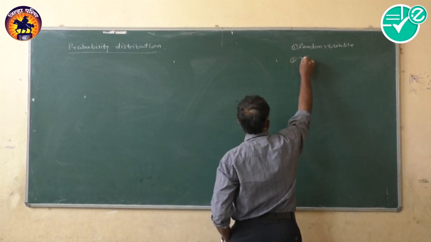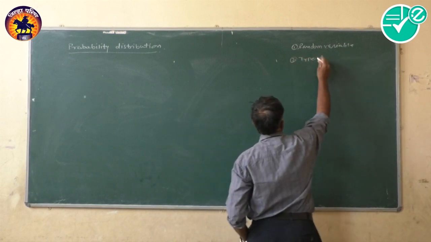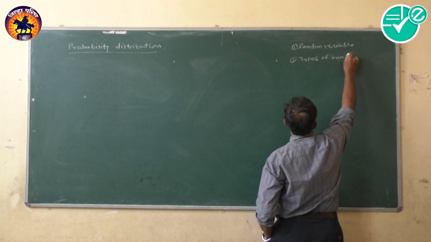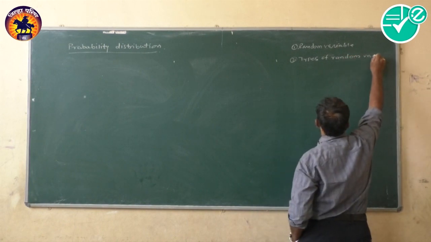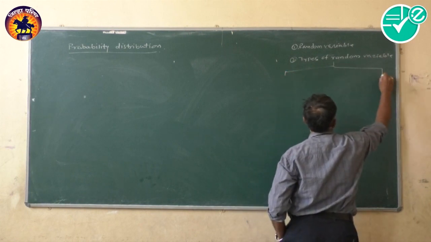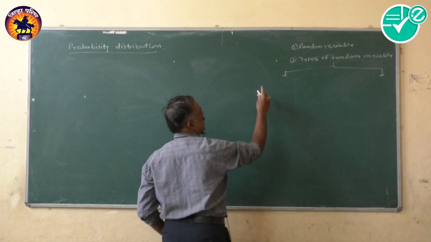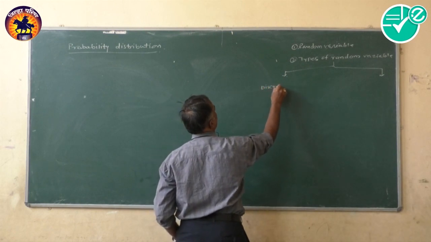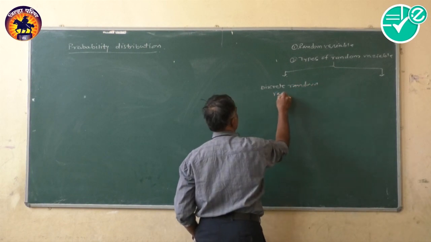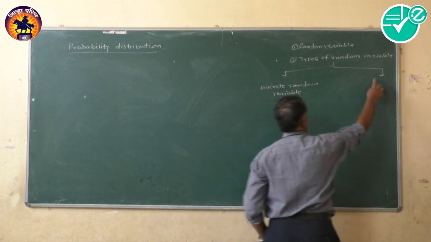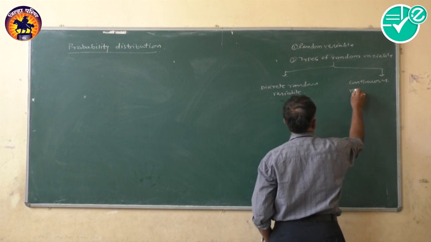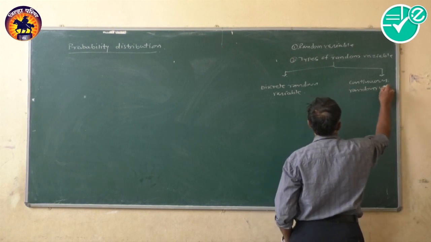Then secondly, we studied types of random variable. One is called a discrete random variable, and another one is called a continuous random variable.